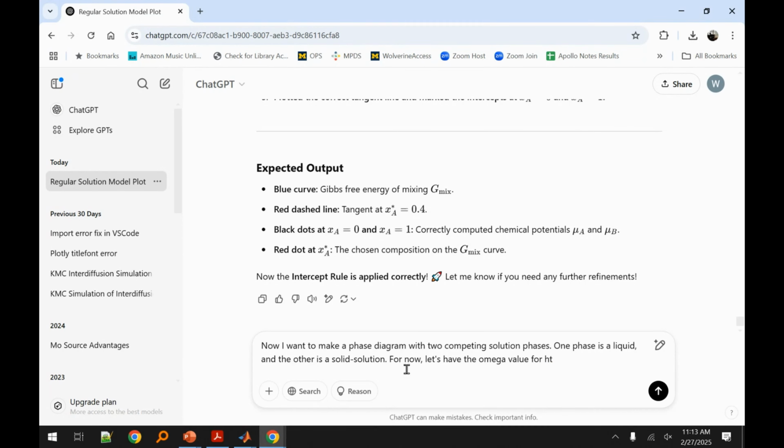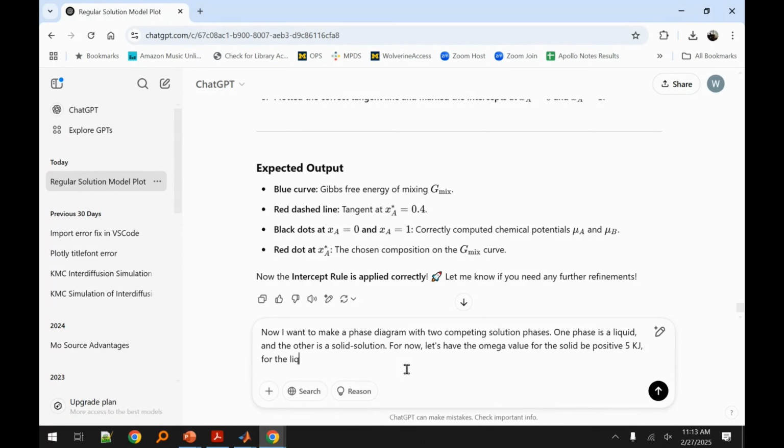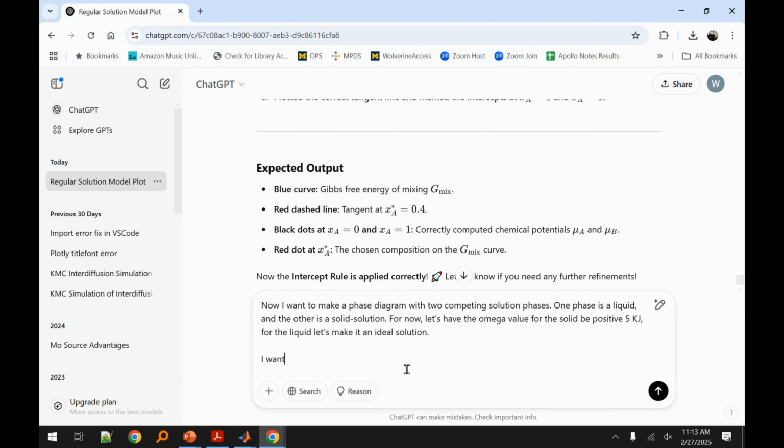And then for the liquid, let's make it an ideal solution. So I want to plot two solution curves for these two phases at a given temperature.